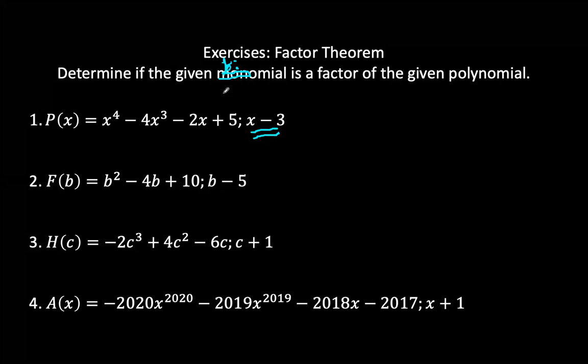If it's 0, then it's a factor. If it's not equal to 0, then it is not a factor, okay? So we need to get the remainder in short by using remainder theorem, all right? So p of x divided by this binomial. Okay? Okay, so I hope there are no questions.